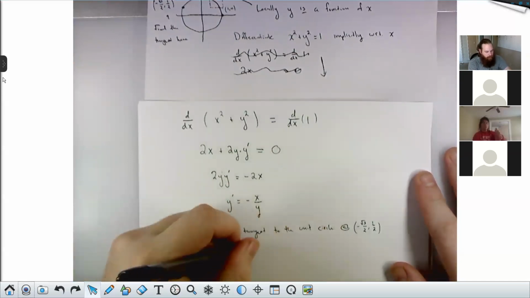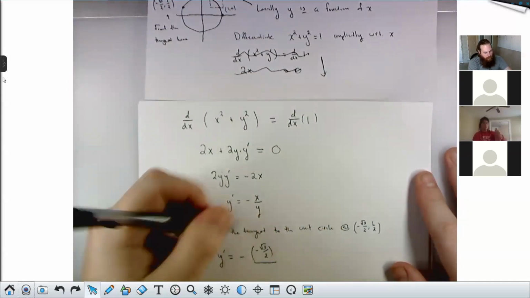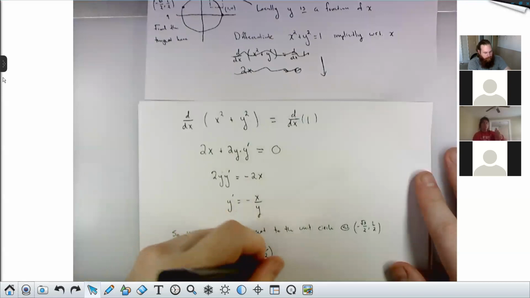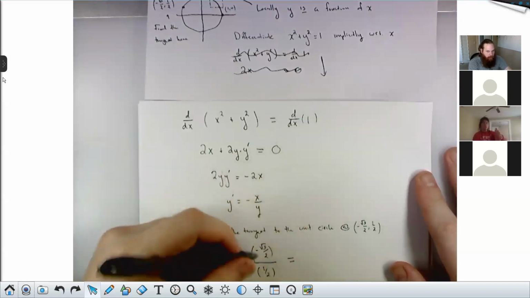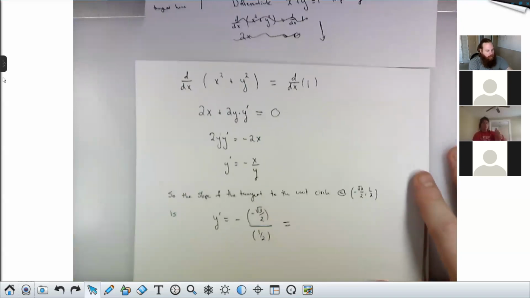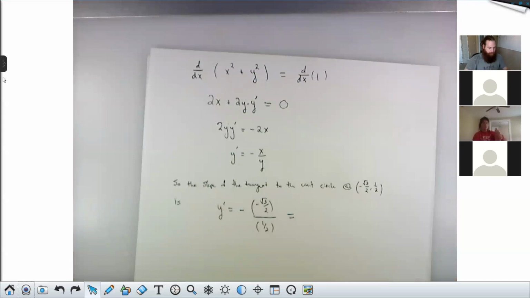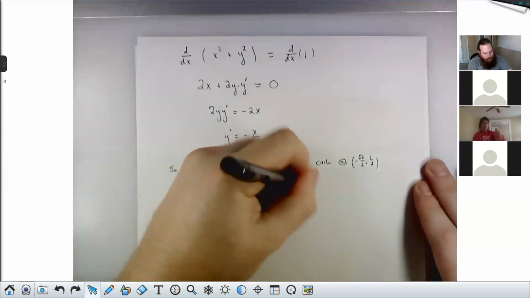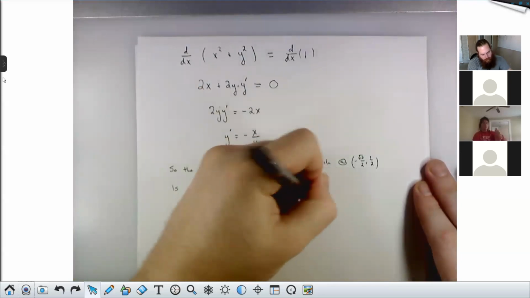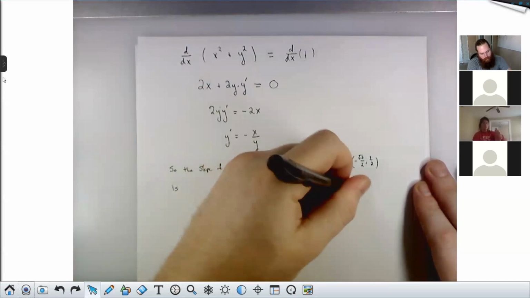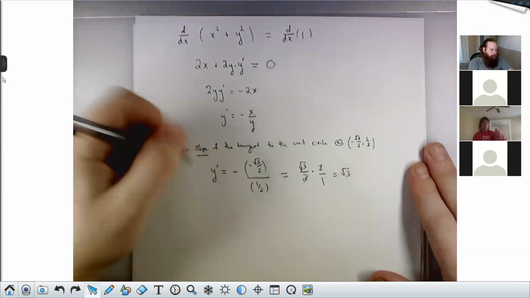What is x? x is negative root 3 over 2. y is positive 1/2. You've got two negatives here. That will make this positive overall. So we'll have root 3 over 2 times 2 over 1. You can cancel your 2's and you just get the square root of 3. So that's the slope of my tangent line coming from y prime.